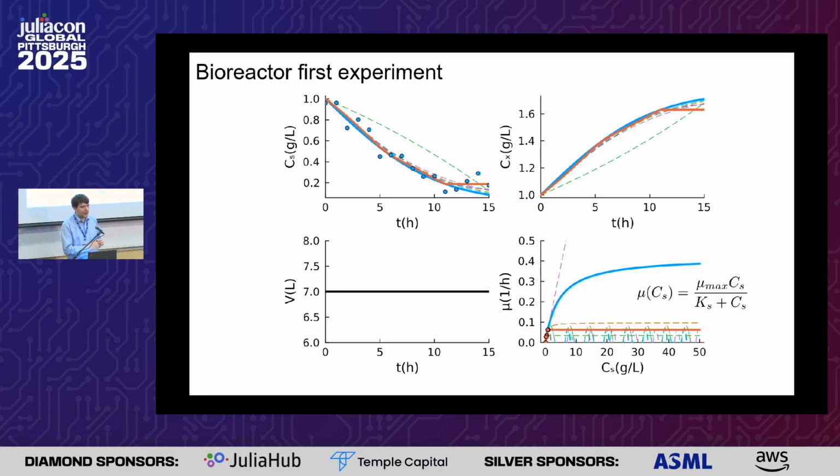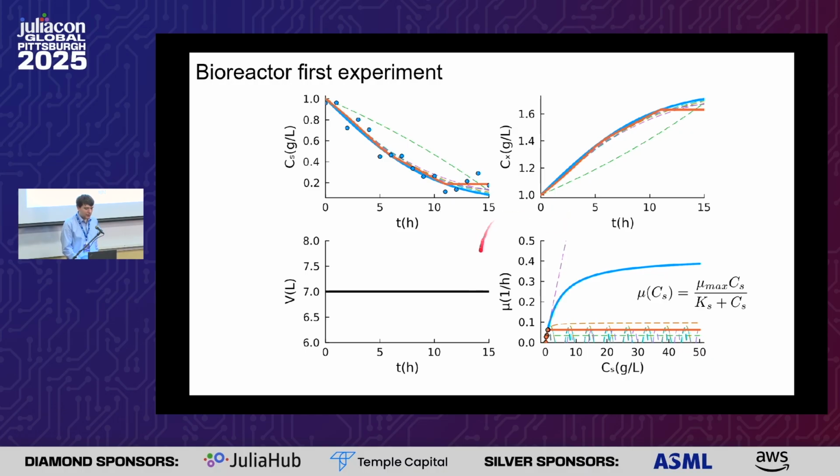We get several candidates, and each candidate is going to be a dashed line in these plots. And if you're wondering, the blue line is the correct model. This is what we would expect to get. So this is the correct model. And as we can see, we get pretty good fits with the data.